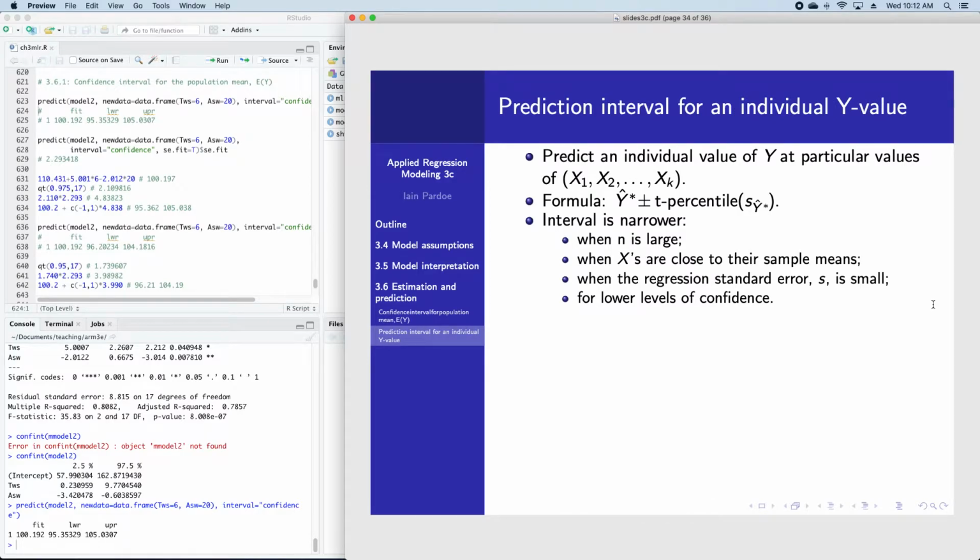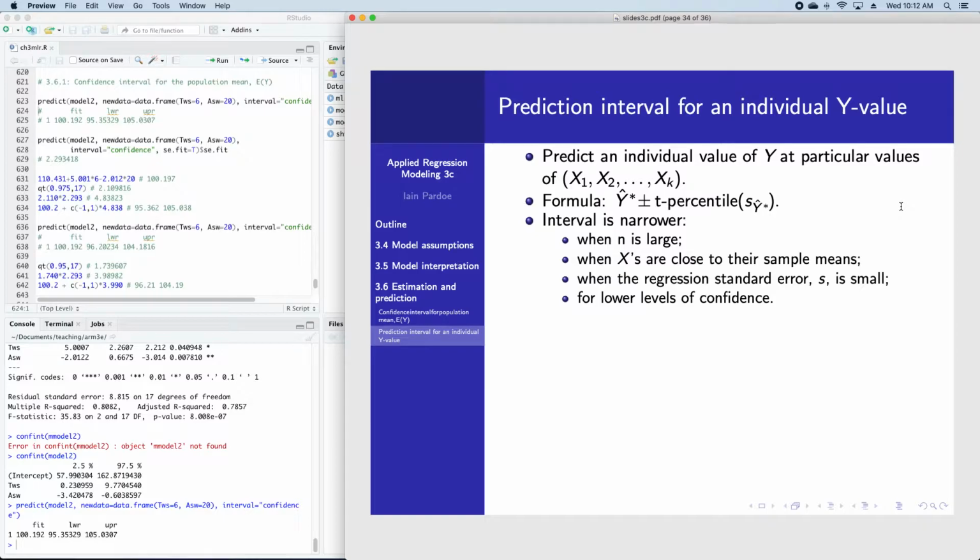What about a prediction interval for an individual y value? Here we're not estimating a population mean. Instead, we're predicting an individual y value. So in our shipping context, we're not thinking about what the average labor hours are for TWS equals 6 and ASW equals 20.